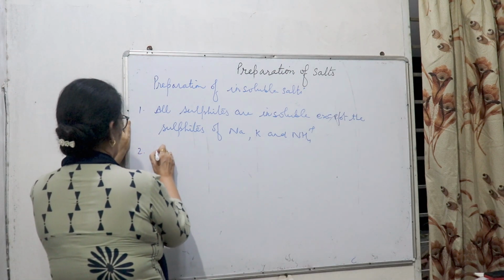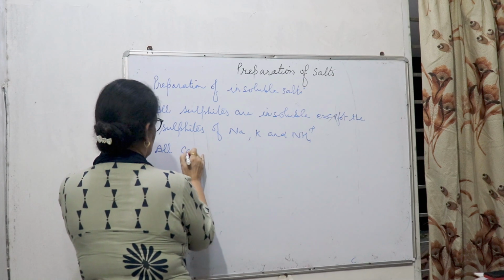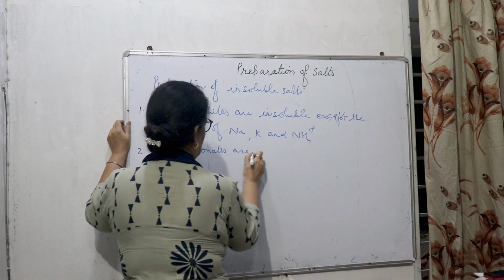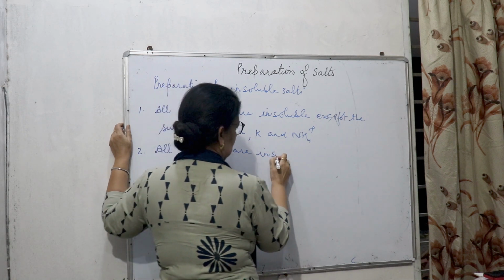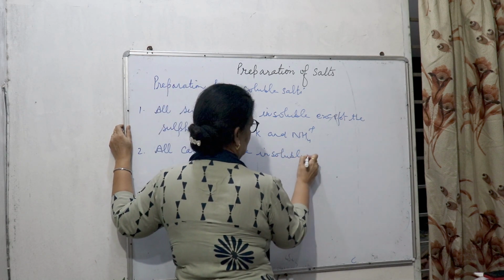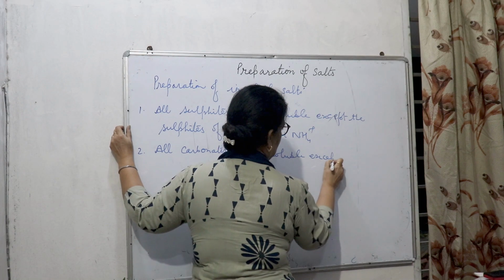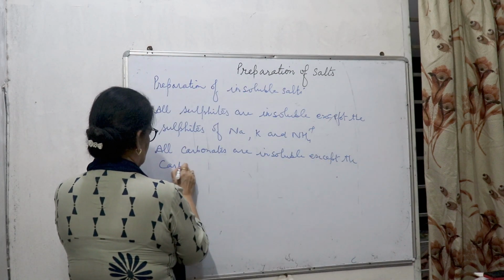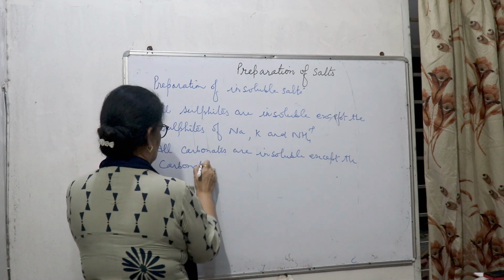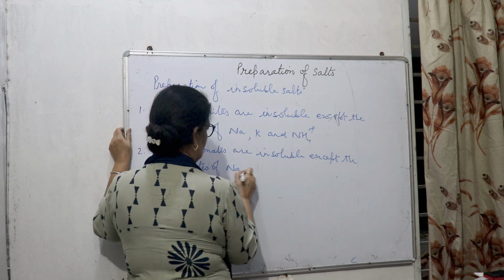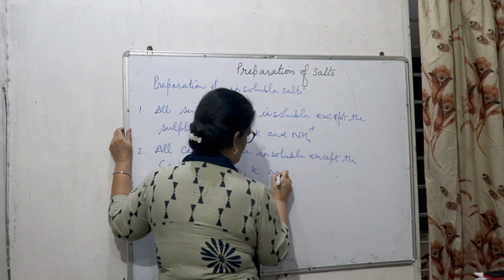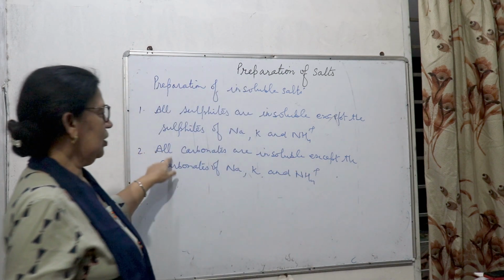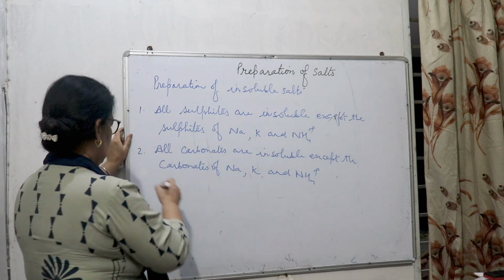Second one, all carbonates are insoluble except the carbonates of sodium, potassium and ammonia. So here also all carbonates are insoluble.